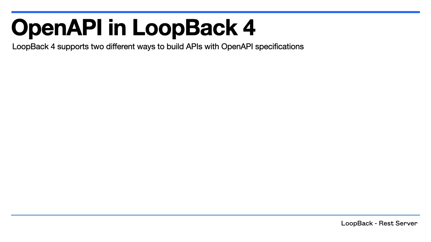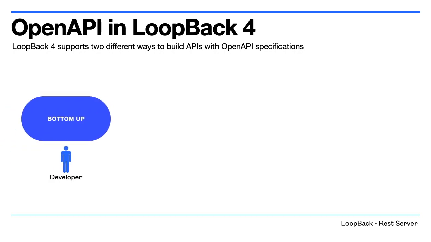This is a really important feature. So in LoopBack 4, as I mentioned before in the previous slide, it supports you as a developer and also the designer. There are two ways to support the Open API here. The first is called the bottom-up approach, because we as developers just start creating the artifacts, controllers, services, and start coding. We don't have to worry much about Open API probably until some point.